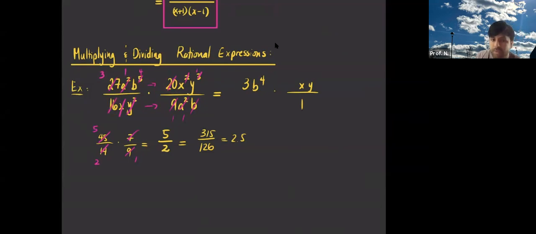The greatest common factor is a 4. So this becomes a 4, this becomes a 5. So look what I get. I get a 5 here, and I get a 4 here. Look how much simpler now my computation becomes. And now I can multiply across. So 4 times 1 is 4. 3 times 5 is 15. And I get b to the 4th xy.